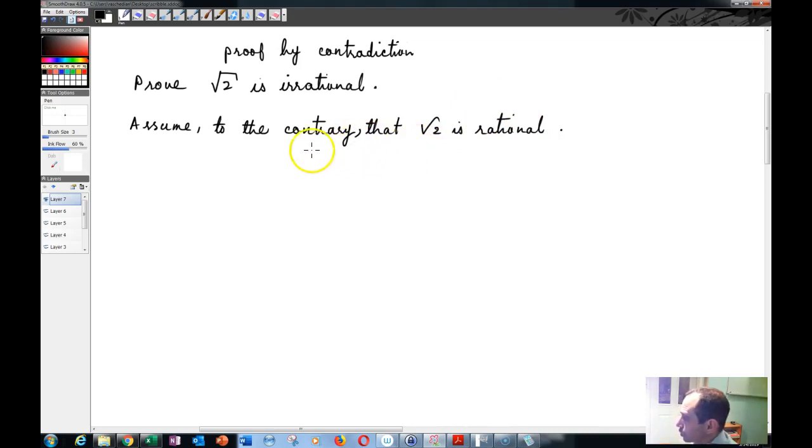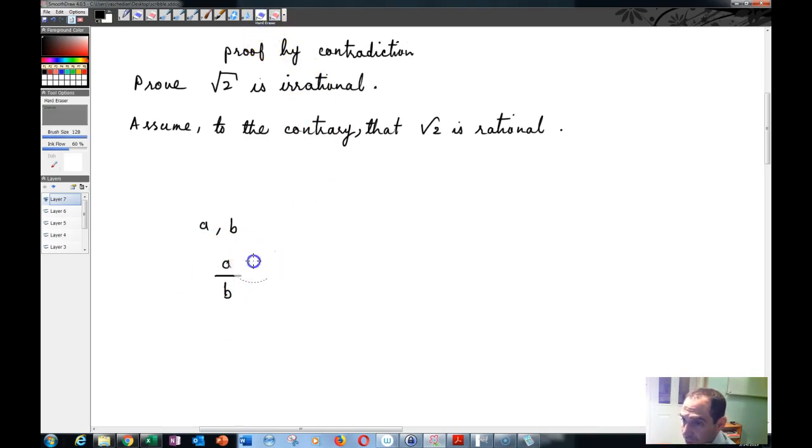Okay, so based on the definition of rational numbers, if a number is rational, then you can find two integers, for example a and b, such that a and b are integers, and b is not equal to 0, and then that number can be expressed as a ratio of a and b.